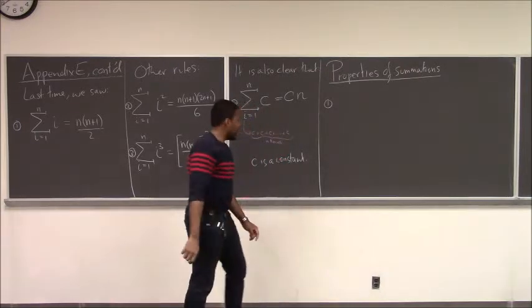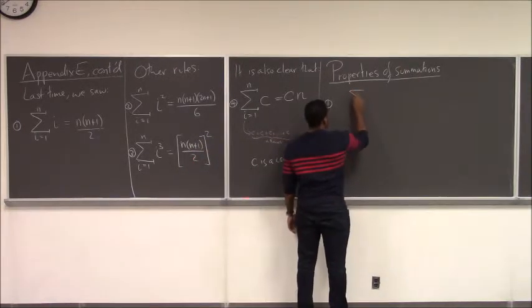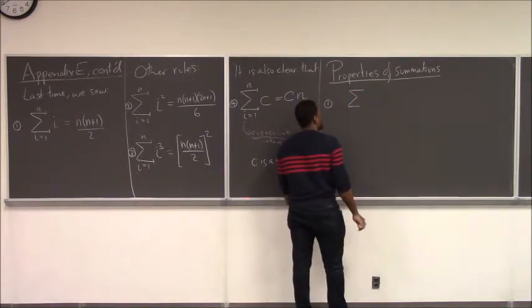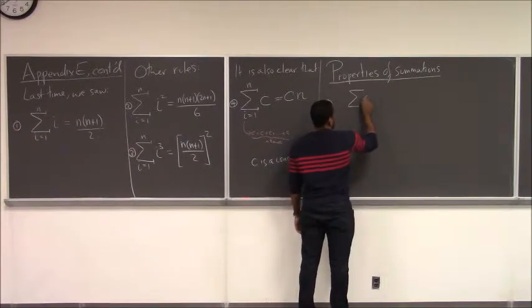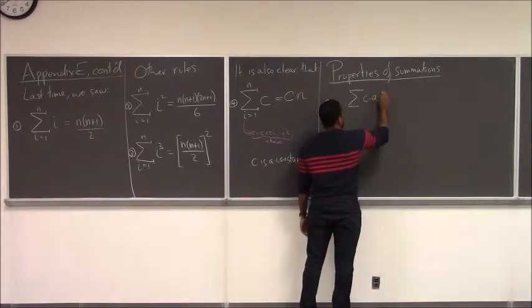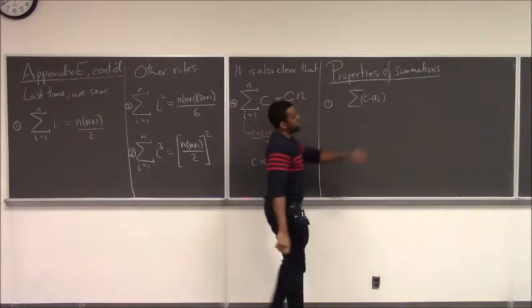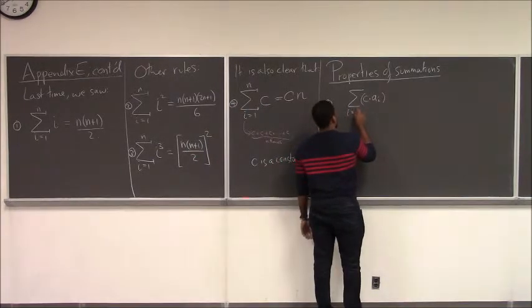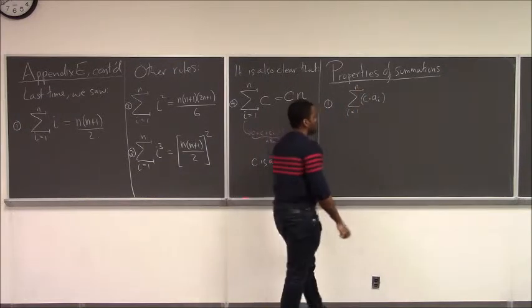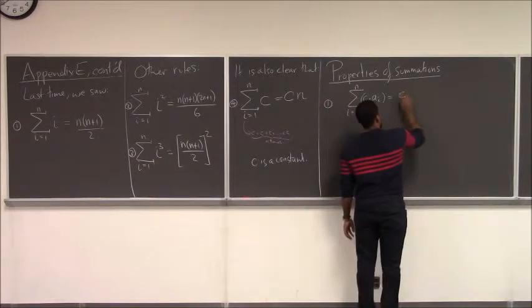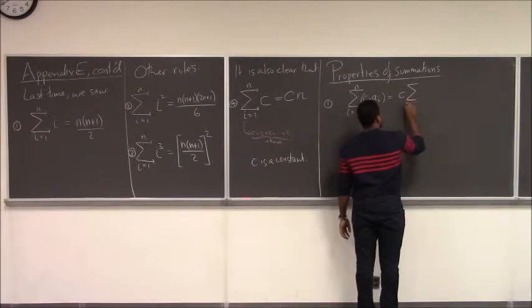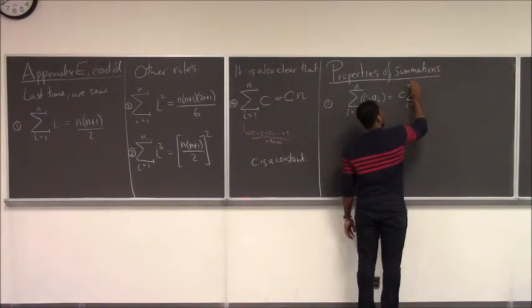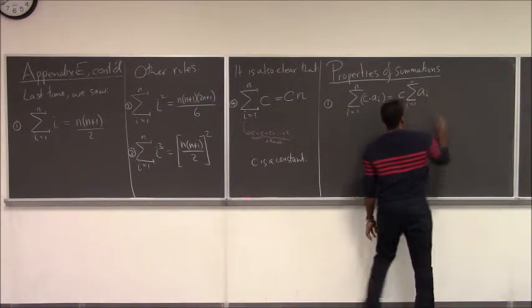So here's an idea. If you actually have a series and you want to multiply it such that it's a constant times some formula that's giving you the ith term, then it turns out that you can factor the constant out. Kind of like how you can do with limits and derivatives, the same idea will work for summations.